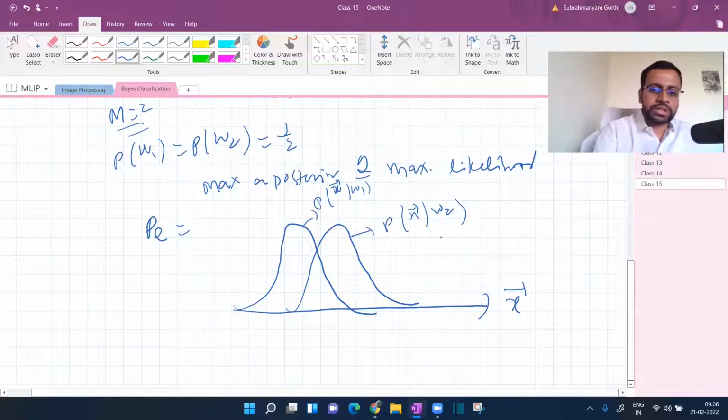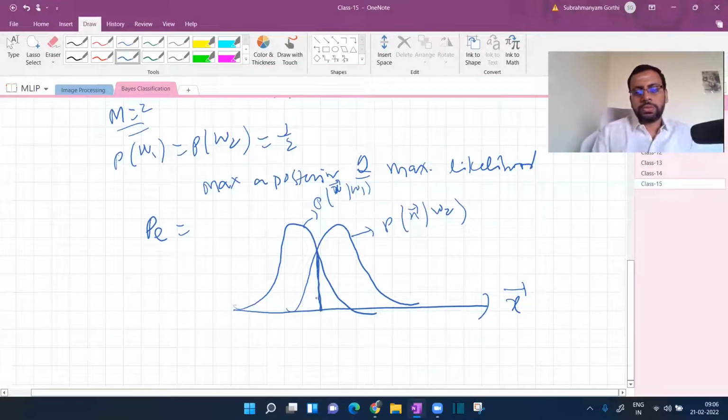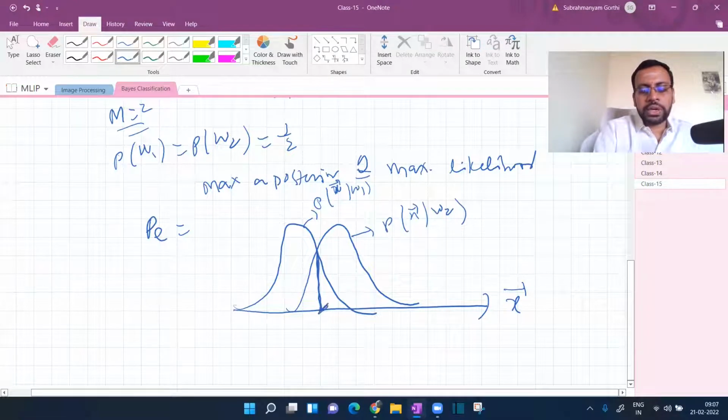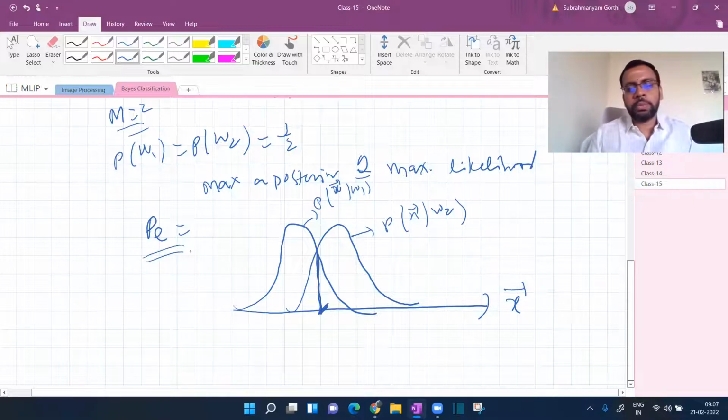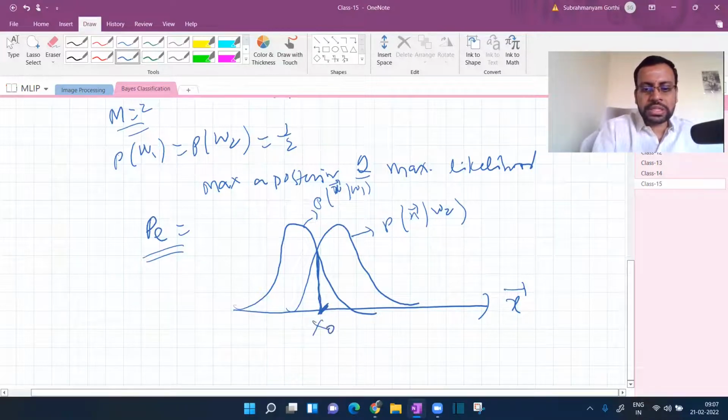Then we have seen that if you take the intersection point here, that is something that minimizes the total probability of error. Let's call this x naught.